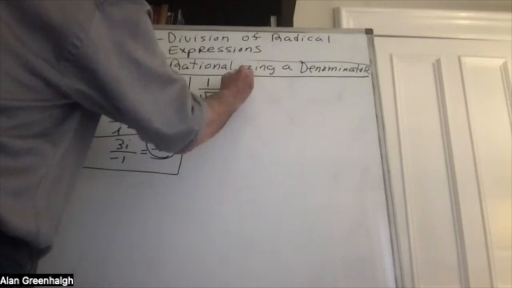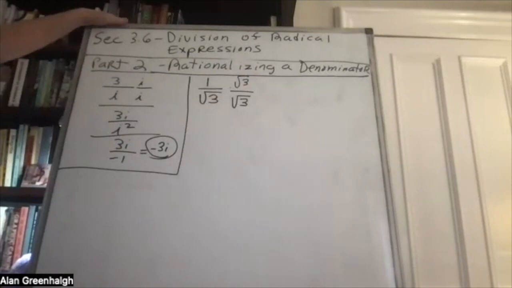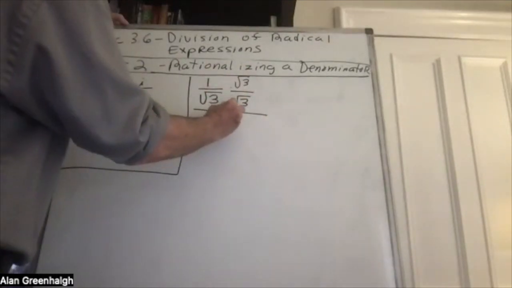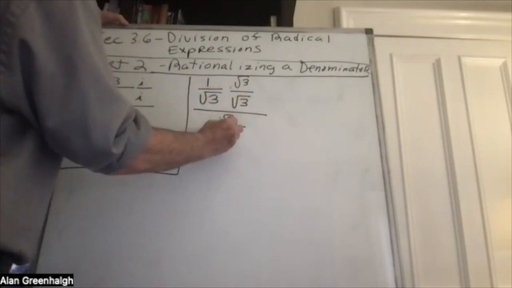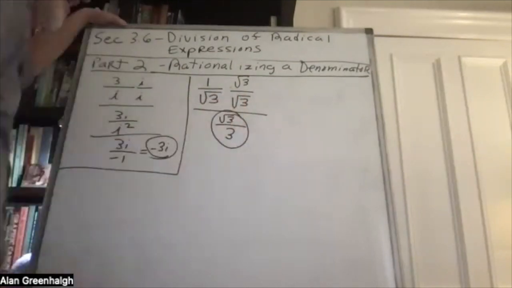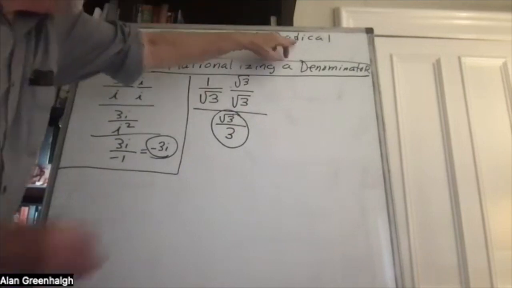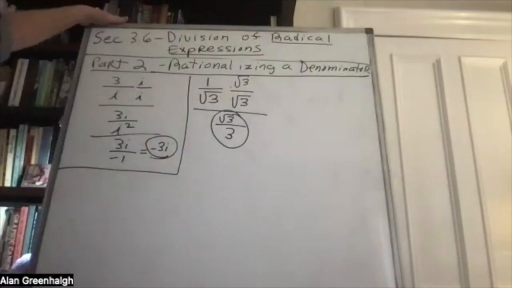We multiply by the square root of 3 divided by the square root of 3. And this will become the square root of 3, and the square root of 3 times the square root of 3 is 3. And that's how you do the problem. That's called rationalizing a denominator when we're talking about radical expressions instead of imaginary numbers.